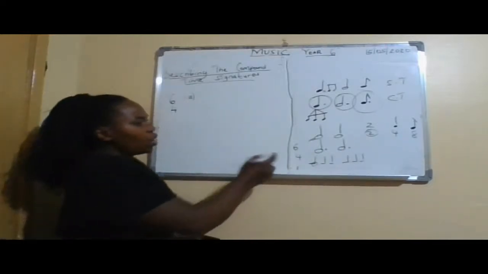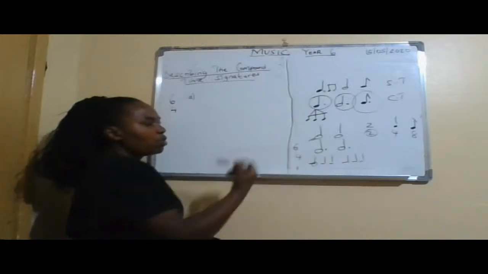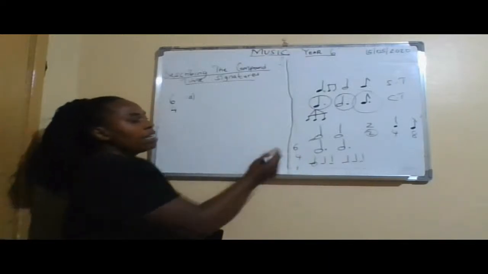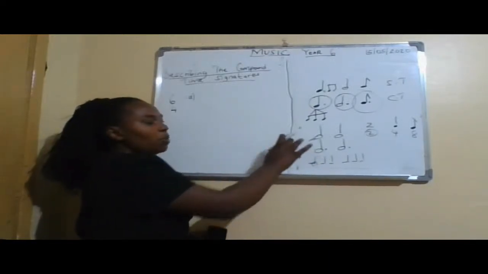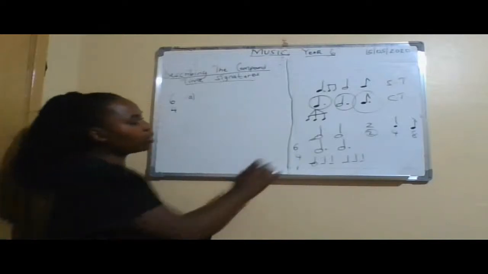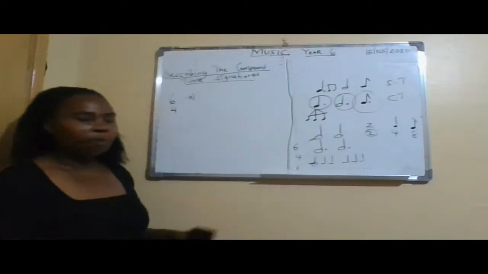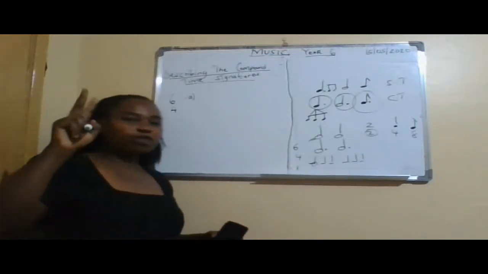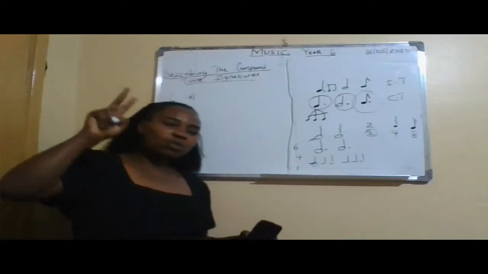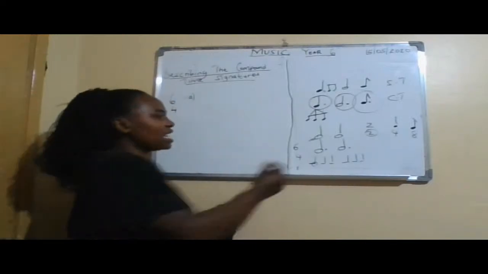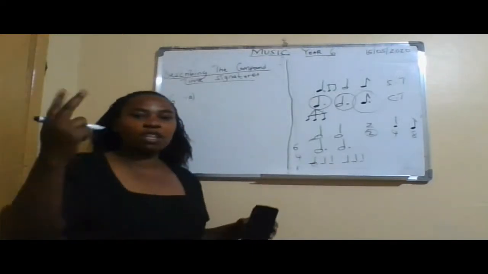So class, first of all, divide the top number by 3 and the bottom number by 2. Remember our formula. If you have 2 dotted crochets, each has 3, which gives us the top number.